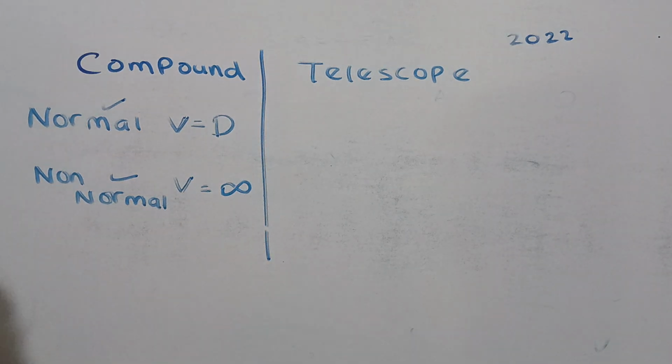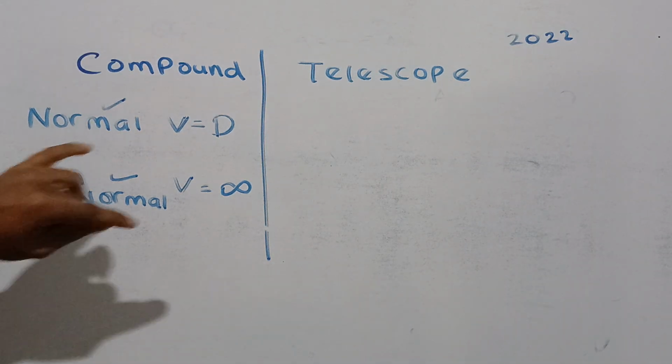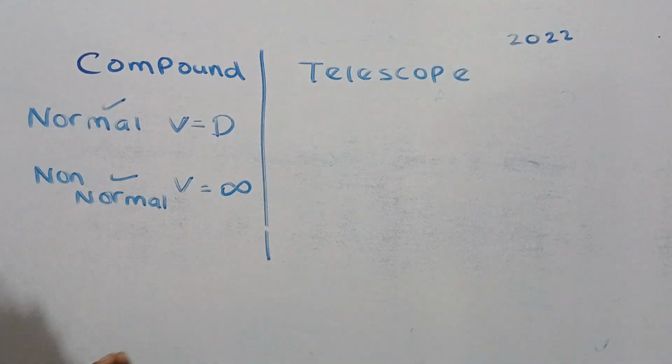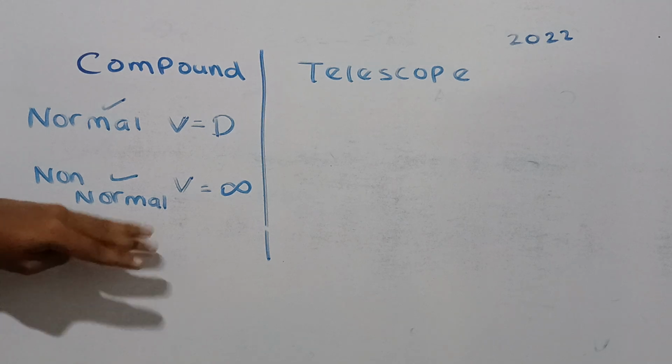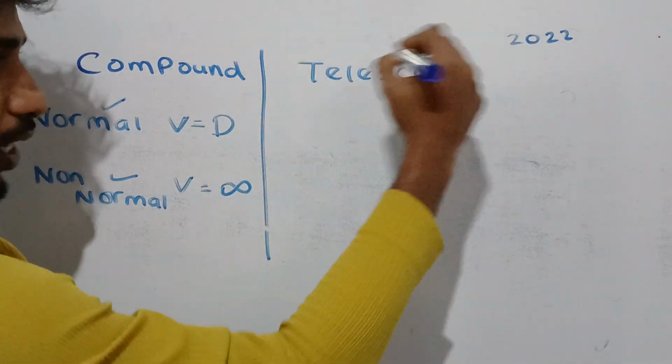So these are the main differences in a compound microscope adjustment. In the normal adjustment, the image is at the least distance of distinct vision, whereas in the non-normal, the image is at infinity. But it's quite different when it comes to a telescope.